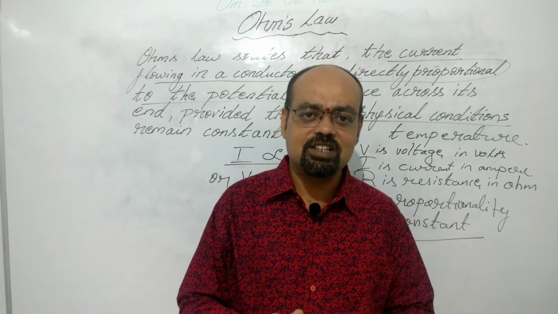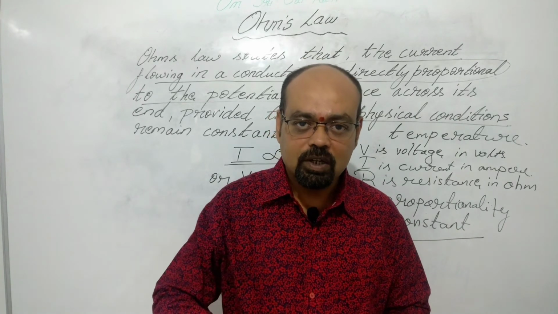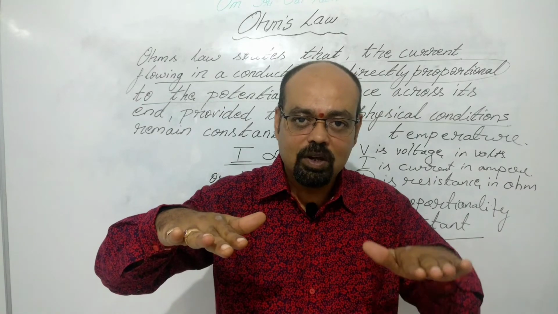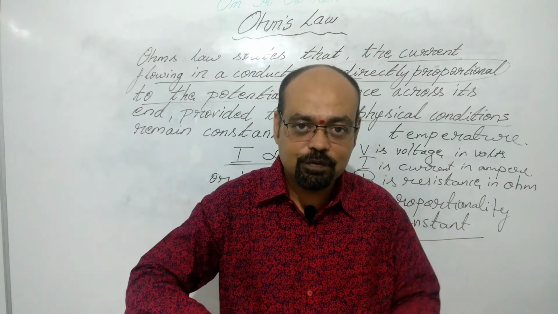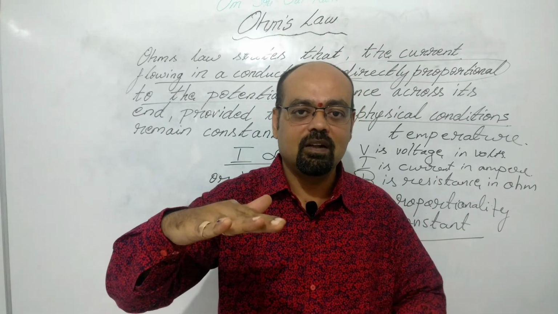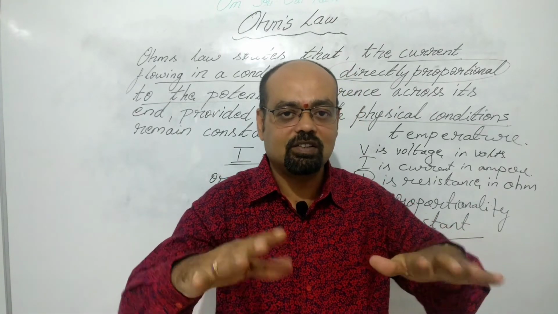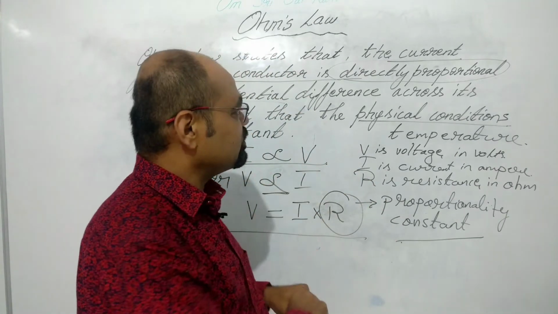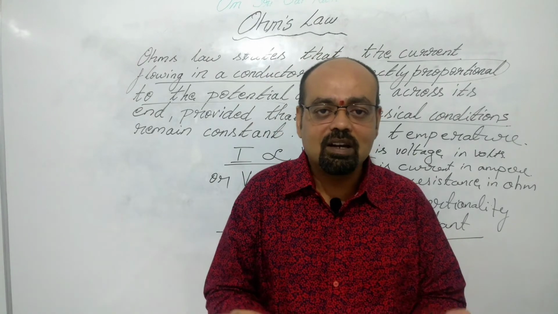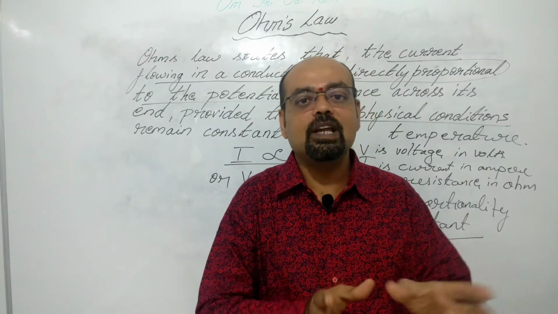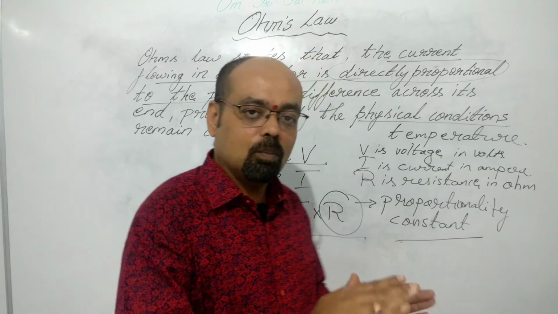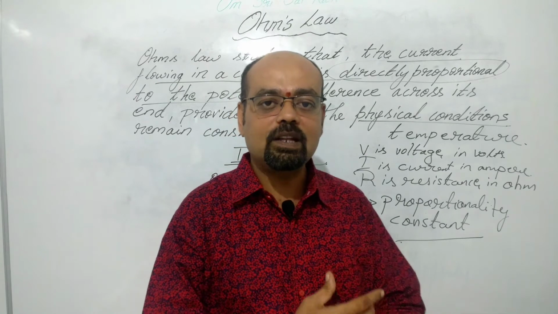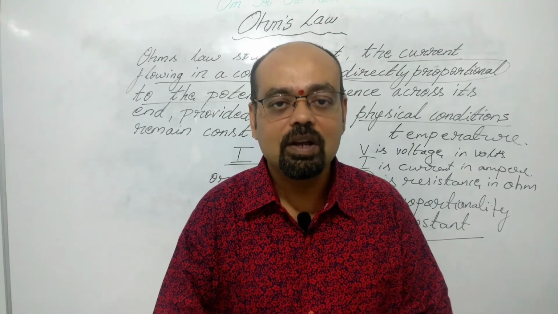The exact meaning in general is that if the potential difference is increasing, then the current also increases. I repeat, if the potential difference is increasing, the current also increases. It might not be in the same magnitude, but both increase. If we increase the potential difference, slowly the current also increases.